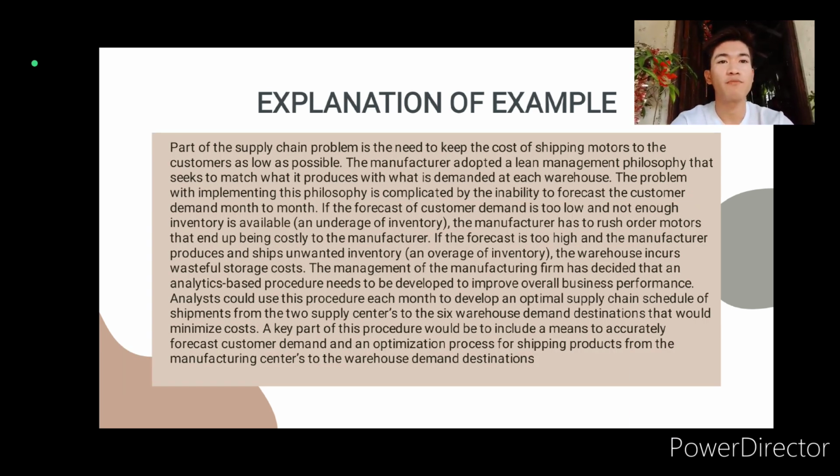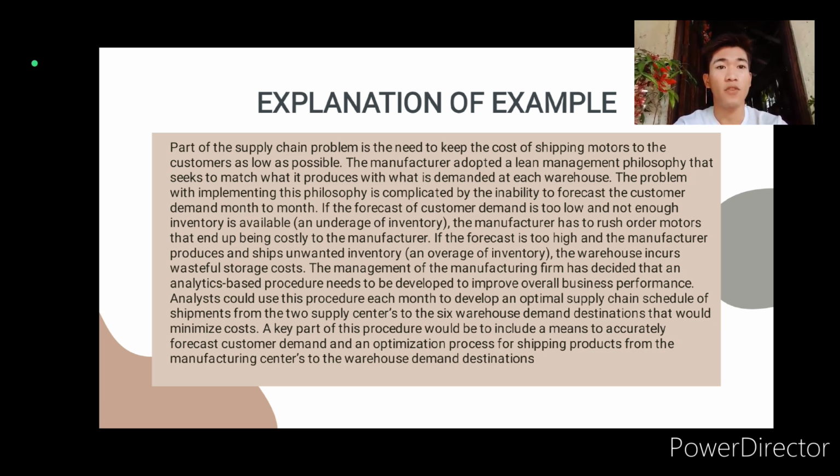Part of the supply chain problem is the need to keep the cost of shipping motors to the customers as low as possible. The manufacturer adopted a lean management philosophy that seeks to match what is produced with what is demanded at each warehouse. Implementing this philosophy is complicated by the inability to forecast the customers' demand month to month.